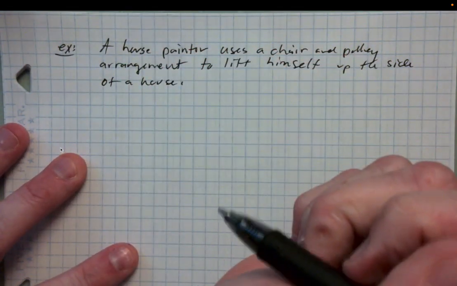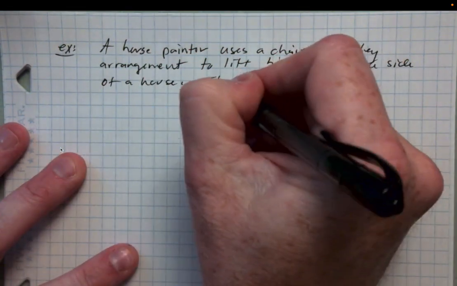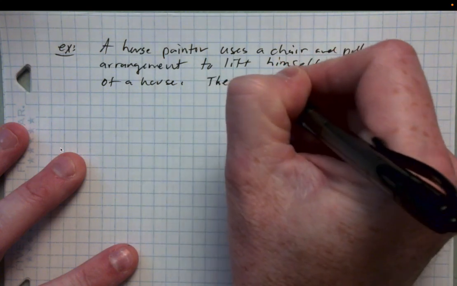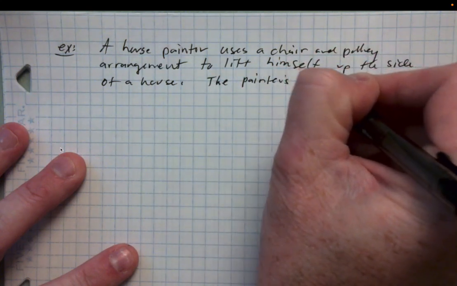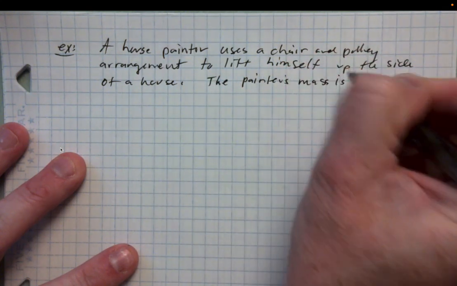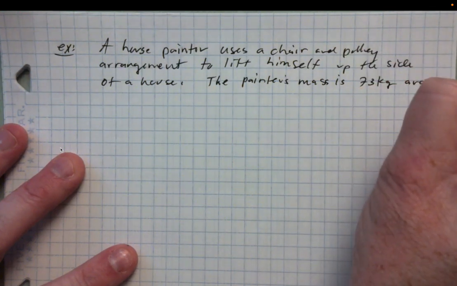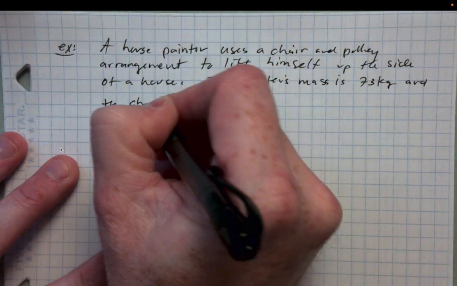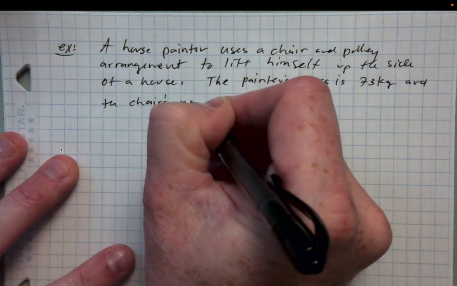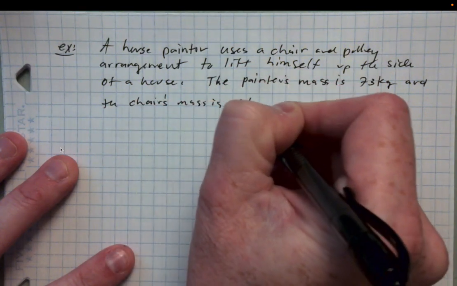The painter's mass is 73 kilograms, and the chair's mass is 9 kilograms.